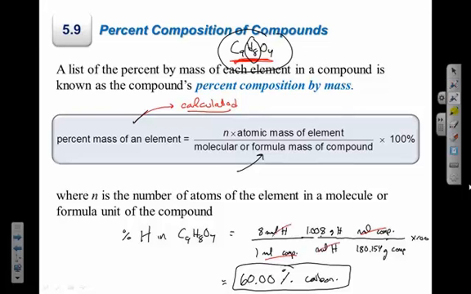So that would cancel. So the hydrogen in this sample is only 4.476%.